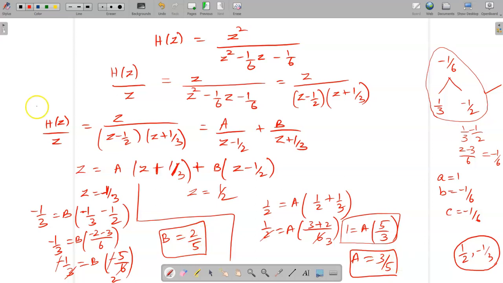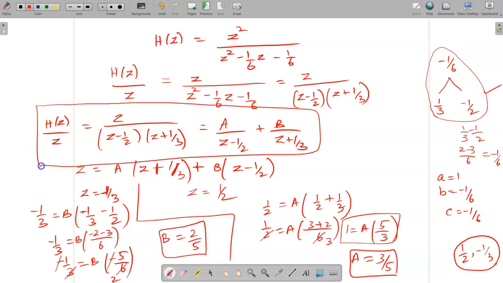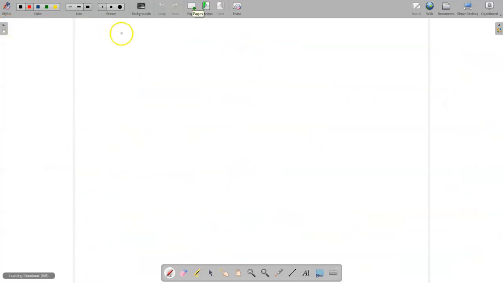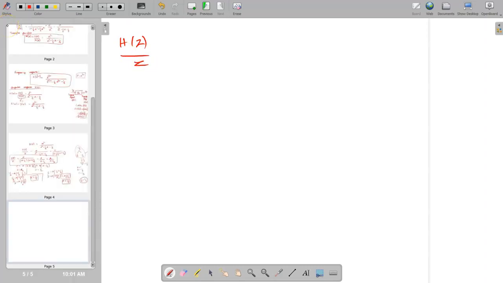So once you have done that, in this expression you have to substitute. Okay, so a value is 3 by 5, b value is 2 by 5. So I can write h of z by z as a value is 3 by 5, okay, 3 by 5 divided by z minus 1 by 2. b value is 2 by 5, 2 by 5 divided by denominator is z plus 1 by 3.